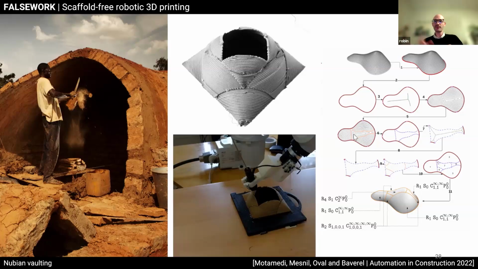So you're trying to find a construction logic that might be quite complex, but because it can be directly translated into a toolpath for the 3D printing setup, we were able to make these complex topologies printable and buildable.